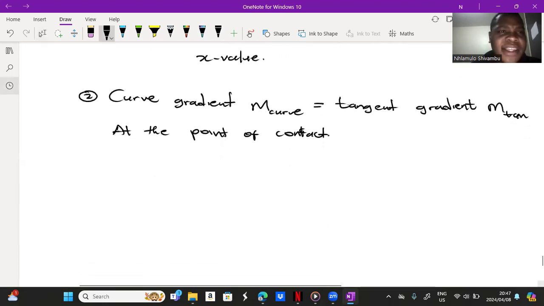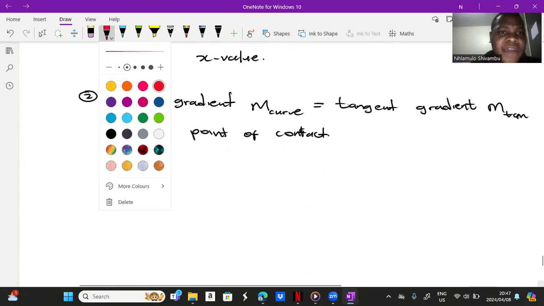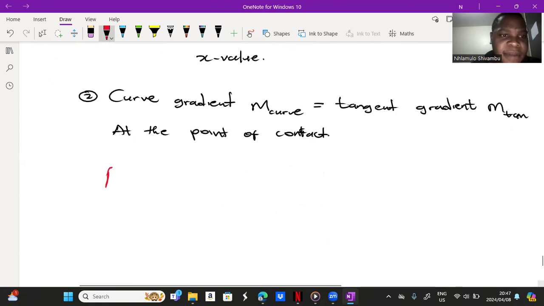Remember, our curve there is given by f of x, so our curve is f of x equals x squared minus 4x plus 3. So what we're going to do here, we're going to get the gradient of the curve. So what is the gradient of the curve?